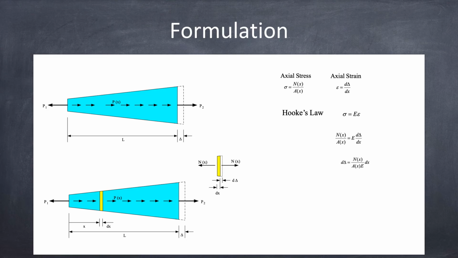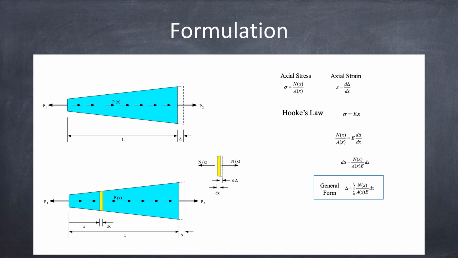Now if we want the whole thing, we use the integration form, from 0 to the whole length L. There we are. So this is a general form, meaning if you don't have a consistent axial force, or you don't have a consistent cross-sectional area, this is the integration you have to go through.